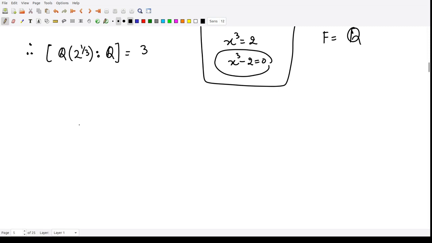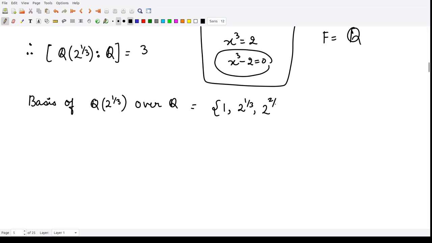Next, what would be the basis of Q(2 to the power 1 by 3) as a vector space over Q? Its basis would be 1, 2 to the power 1 by 3 and 2 to the power 2 by 3.